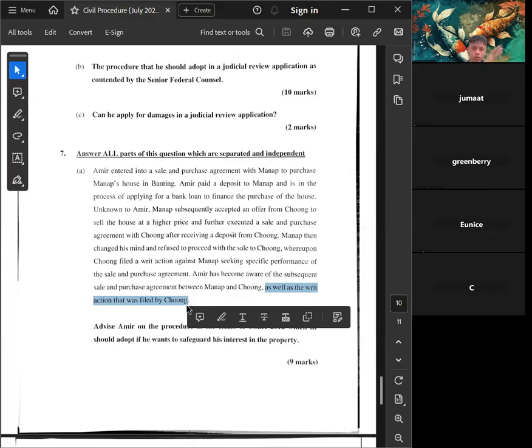Unless this has not yet gone before the court. Now I already know that he is going to sell to another person. I want to stop the entire sale and purchase. Then I apply for an injunction to stop the transaction. Yes, this is how an injunction works. But now, because they are suing each other, both of them are parties in the action.